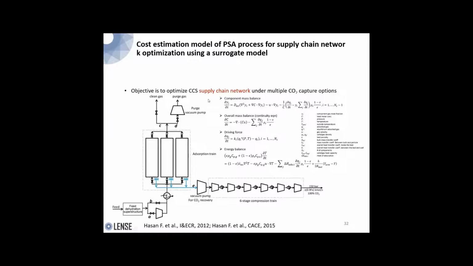So therefore, they are expressed through this dynamic time partial differential equation, right? So you got spatial derivatives as well as time derivatives, and you have to discretize it, and putting all that discretized equation into optimization, it becomes a big mess.